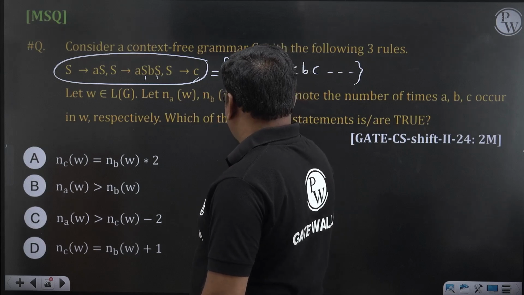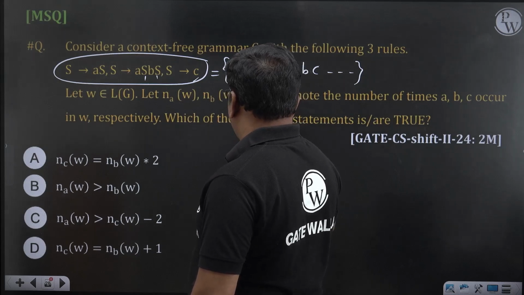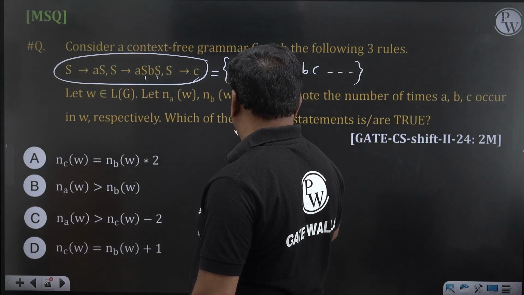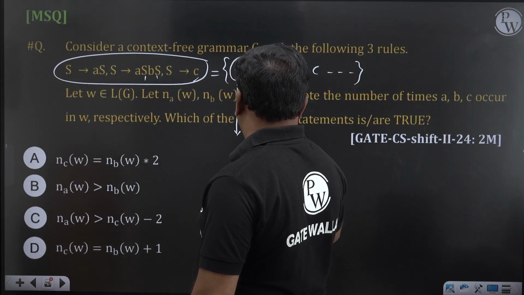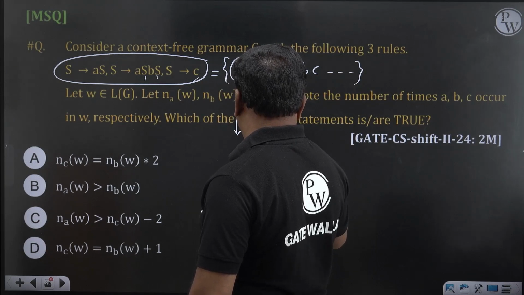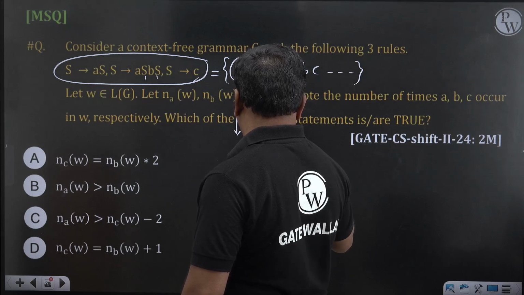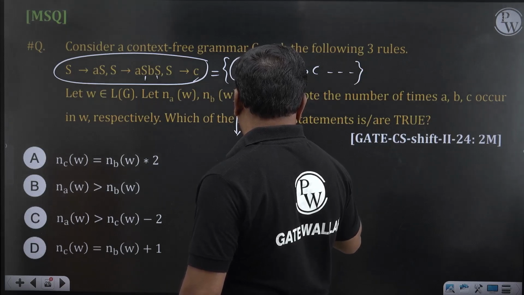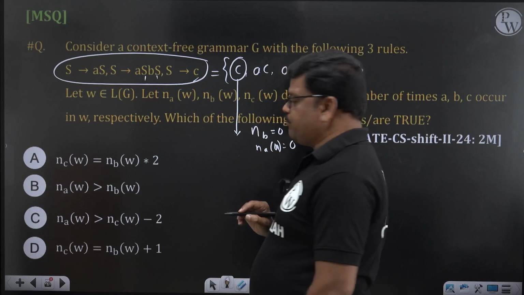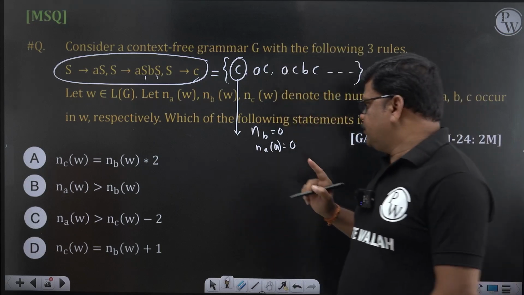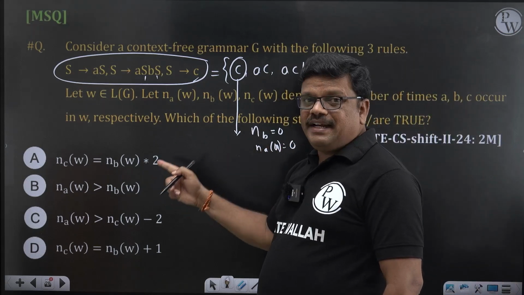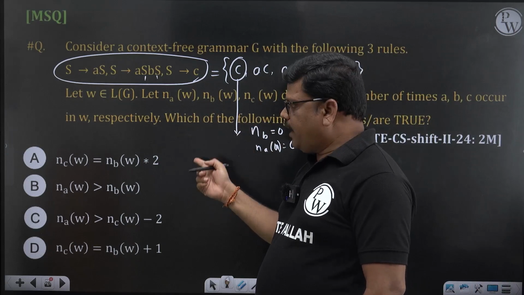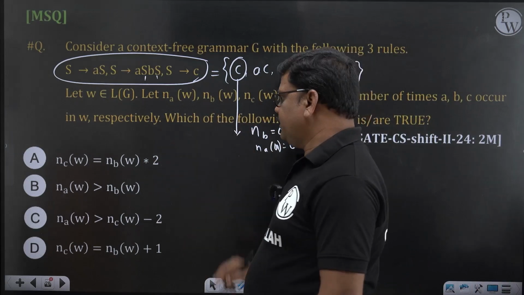From the first string, how many C's and how many B's are there? Number of A's is 0, number of B's is 0, number of C's is 1. So, number of B's multiplied with 2, I have to get number of C's. That is what the first option means.